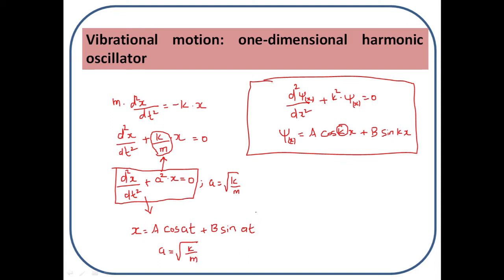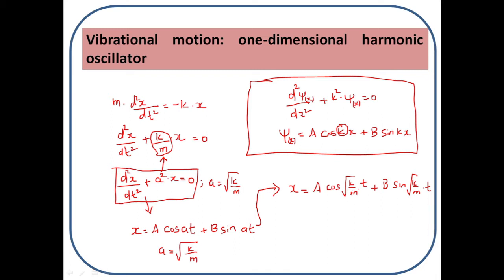So in the full form, the equation will be x is equal to a cos root of k by m into t plus b sin root of k by m into t.